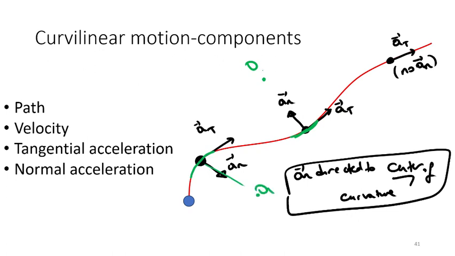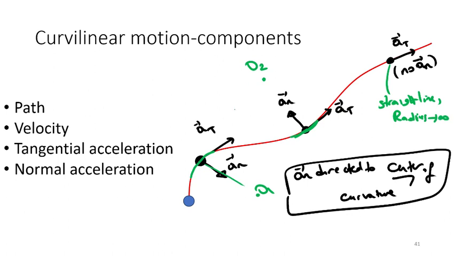Let's say O1 and then O2. But for this section, there is no center because it's a straight line, and then a straight line, the radius tends to infinity. There is no radius, it's infinity.